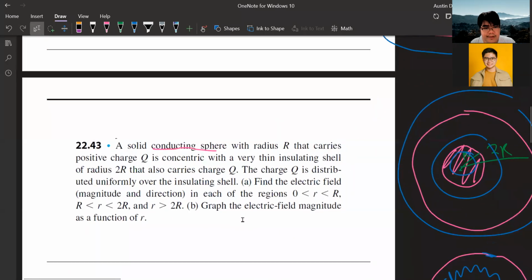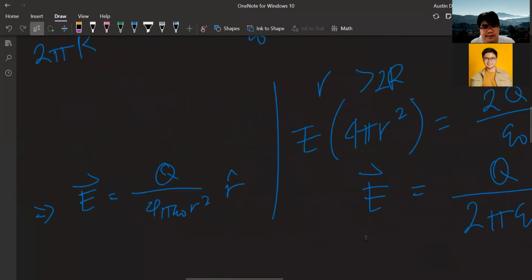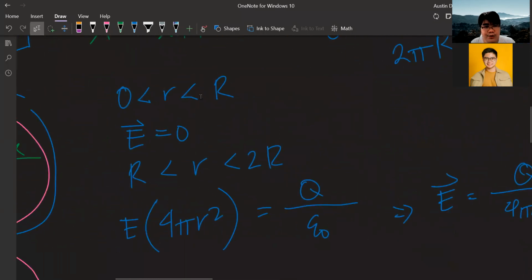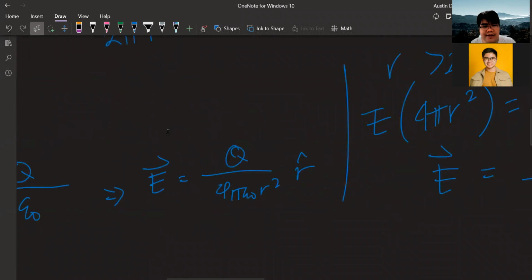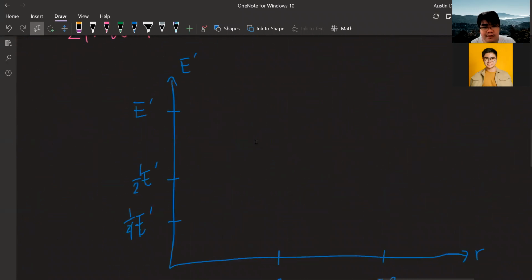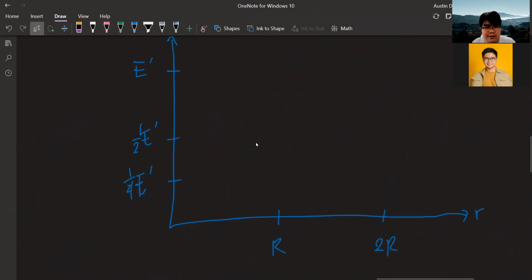Okay? So for 0 to R, mag-graph na tayo, no? So for 0 to R, I have electric field 0. So I graph that down. So this is your 0 mark.